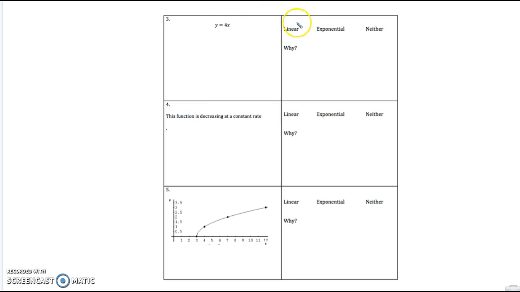Y equals 4x is going to give us a linear function because it's in y equals mx plus b, a linear model, a linear equation. We have our x multiplied by our rate of 4, so we have a slope of 4. X is not an exponent.